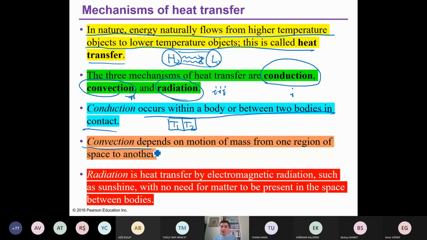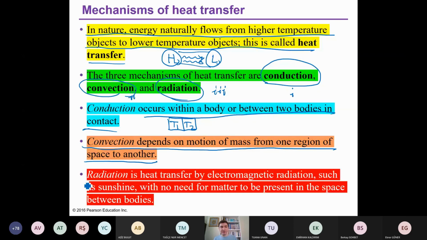Convection depends on motion of mass from one region of space to another. This happens in fluids or gases. Just consider winds, hot winds or cold winds, or the heating systems of houses. So convection is used. I will go into detail a little bit.